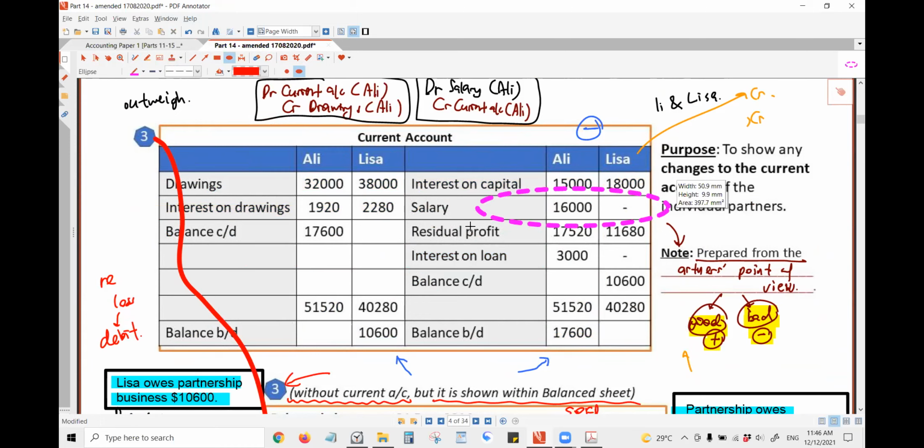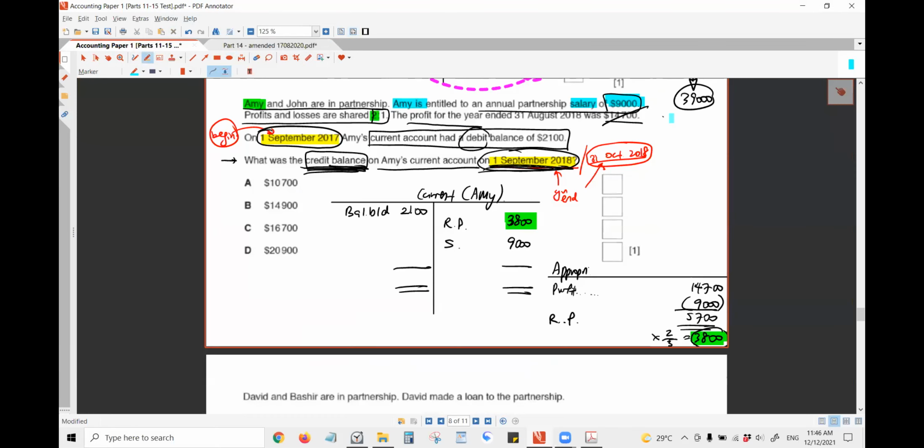Continue, so I balance it. 12,800, copy to here. Then you minus 10,700. So the answer is A.